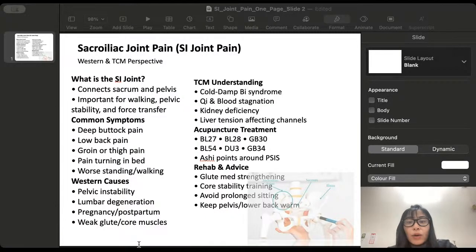And getting out of a car after driving, climbing stairs, that's very important as well. And changing from a sitting position to a standing position, or when you're trying to put on pants. Why? Because all these movements create shear force through the SI joint.